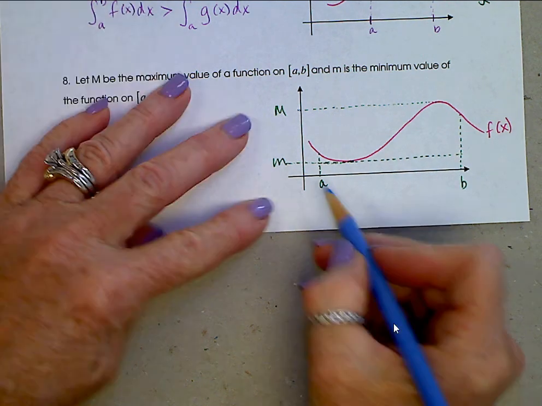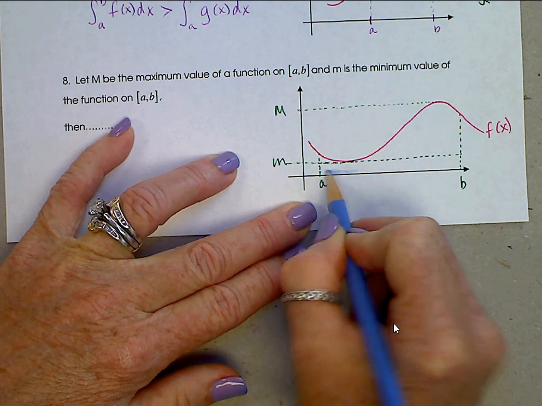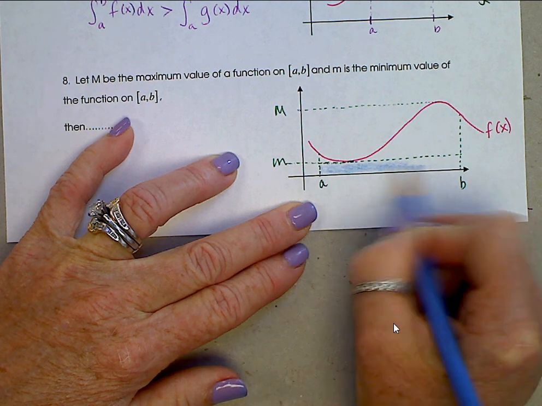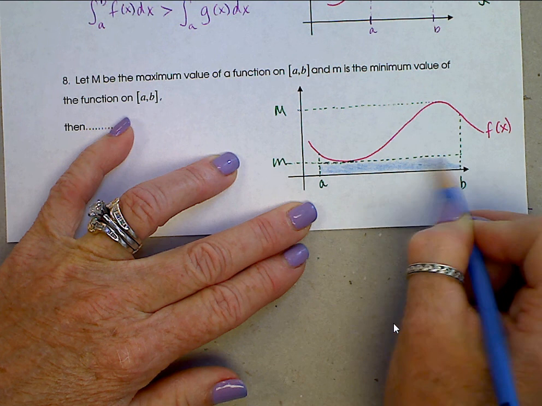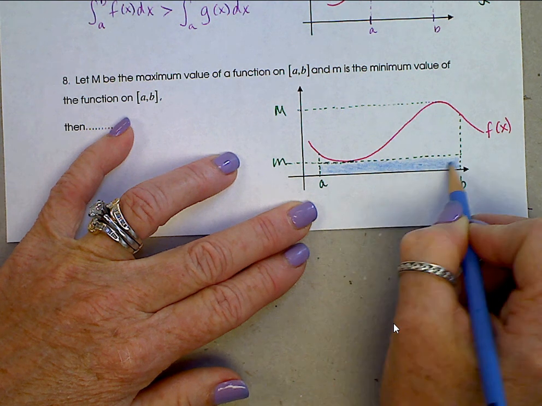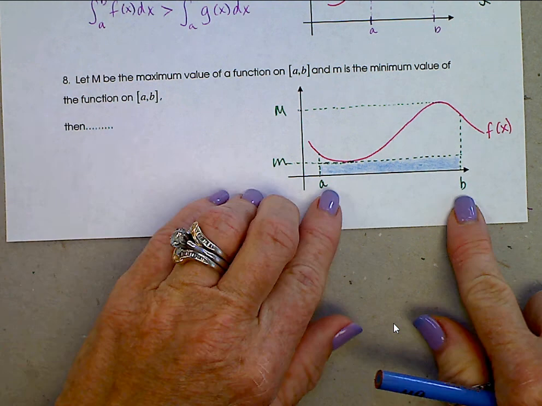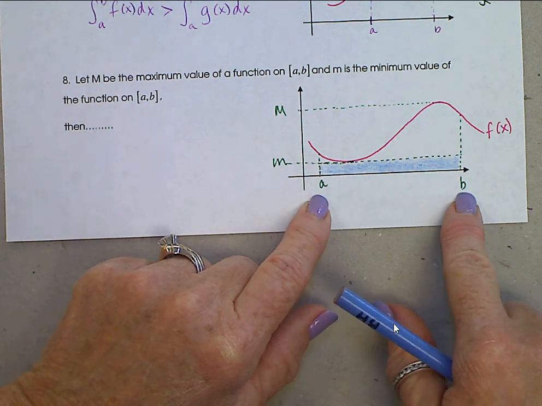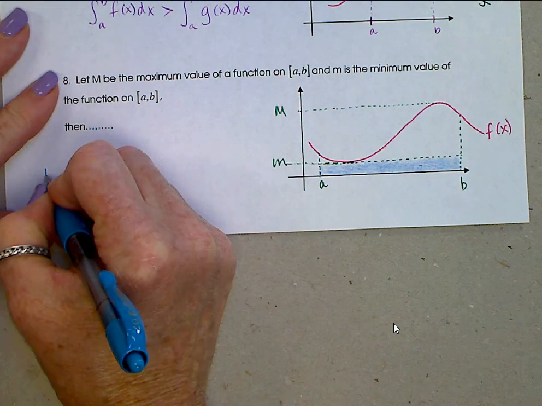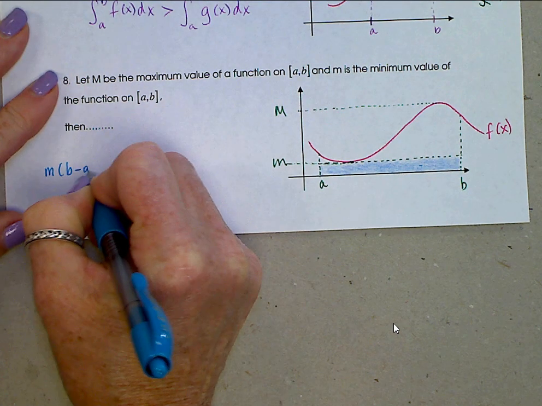And let's look at this rectangle that we made right down here. The height of that rectangle is little m. The width of that rectangle is b minus a.